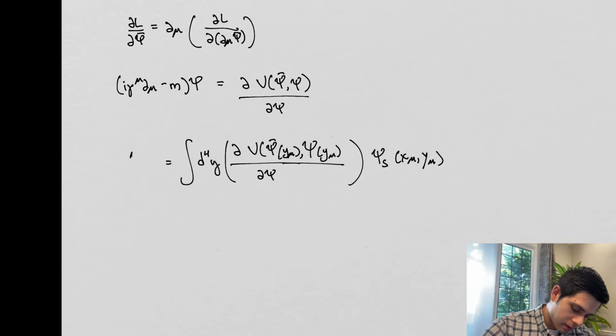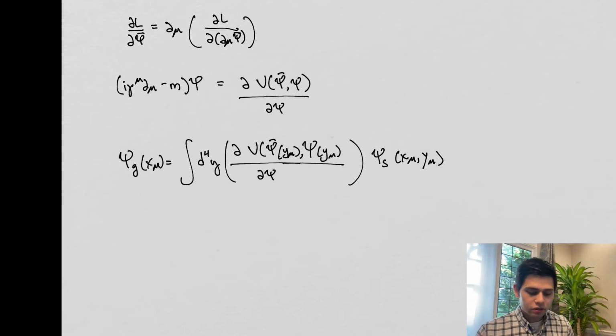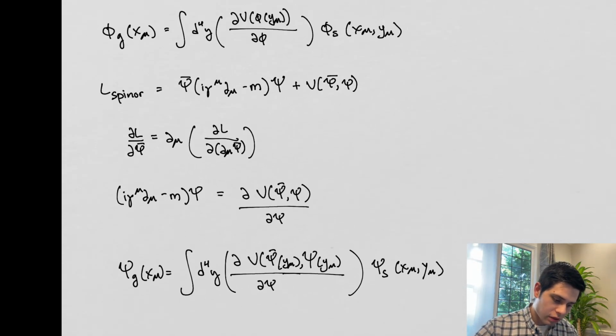Okay, and this is our general function. And we talked about this in earlier discussions, but just as a recap, we can compare this with this one up here, and there's really not that much of a difference other than the fact that these are spinors, right, and these are scalars.